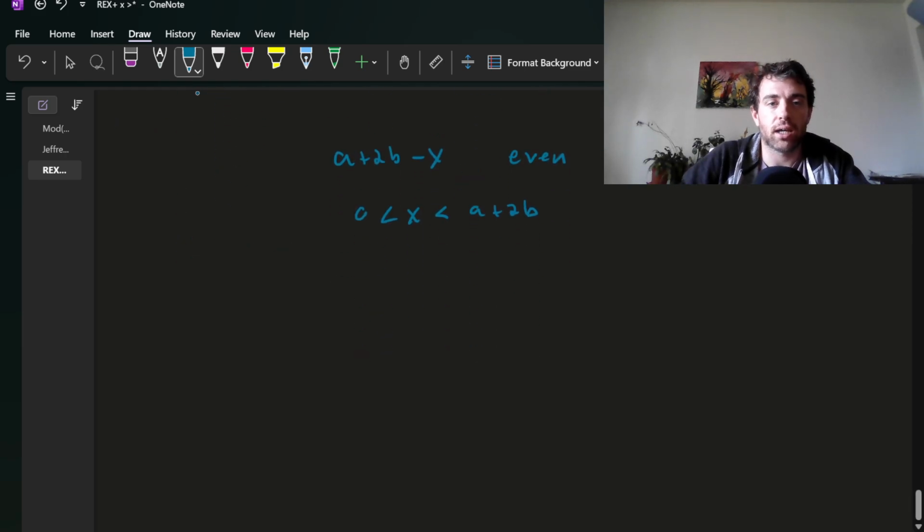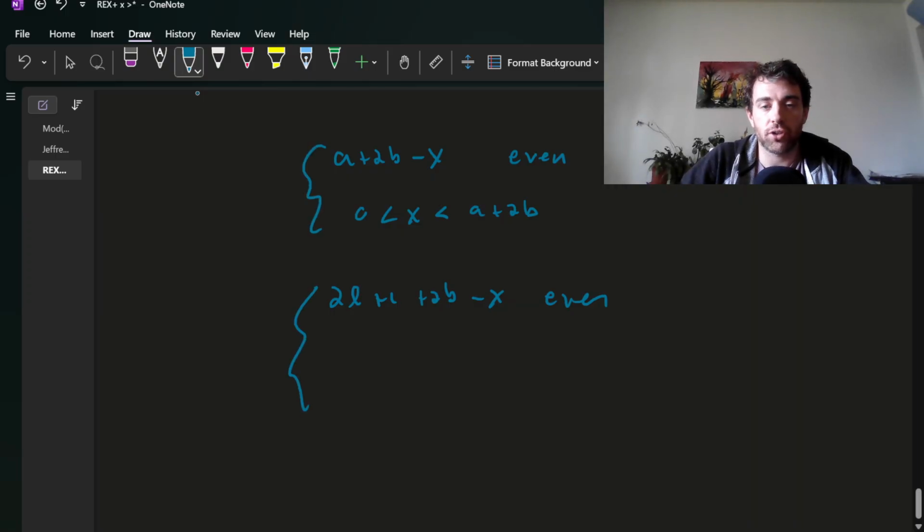So again, just pulling things out. This would be 2L plus 1 plus 2B minus X even, which we can see would be exactly the case. So in order for this to be fulfilled, it's true if and only if X itself is odd, right?